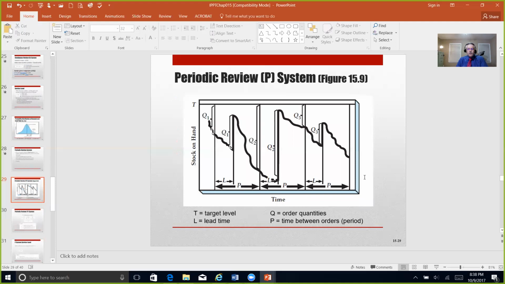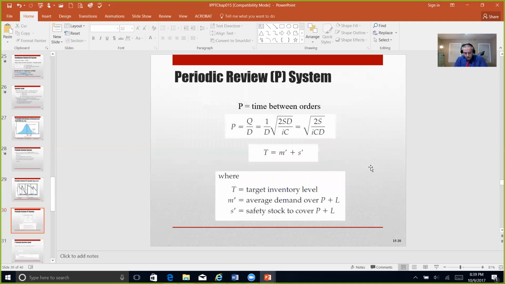Here's a graphical representation of that discussion, figure 15.9, that illustrates what we just said in words. Even with this, you have an algebraic equation as well, where we're substituting for Q. Here in Q, now we're placing in the economic order quantity and doing the distributive multiplications of algebra.